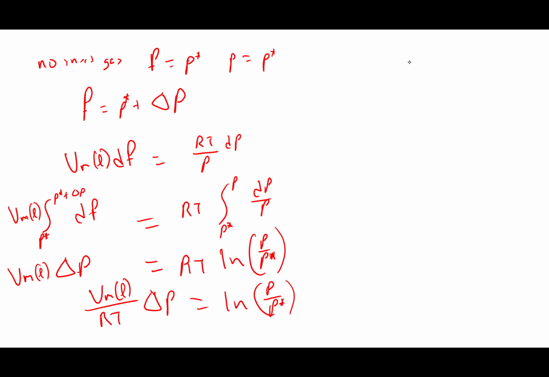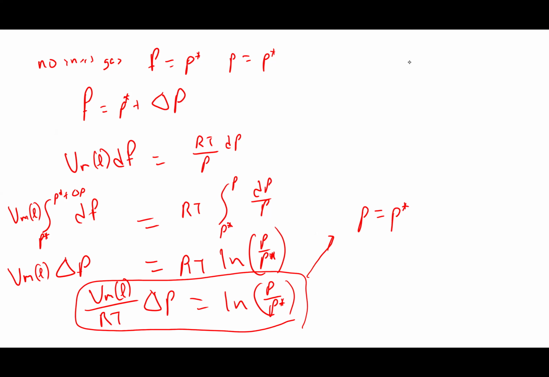Now, this is the one that I'm going to prefer to use, honestly, because it's nicer to me. If you really want to be super crazy and use a different equation, we can rearrange everything, get rid of the natural log, where the partial pressure would be the normal vapor pressure times e to the Vm delta P over RT.